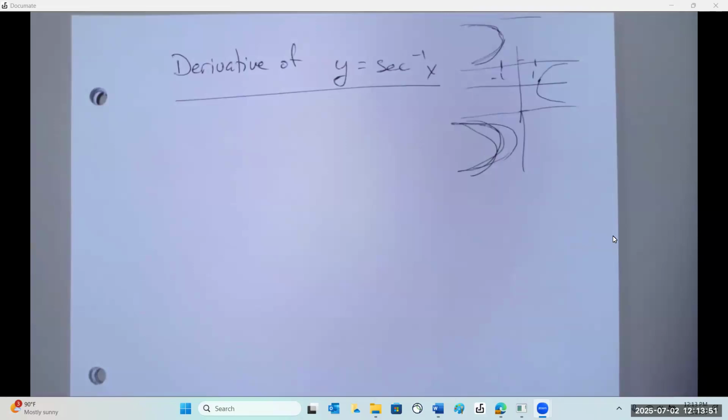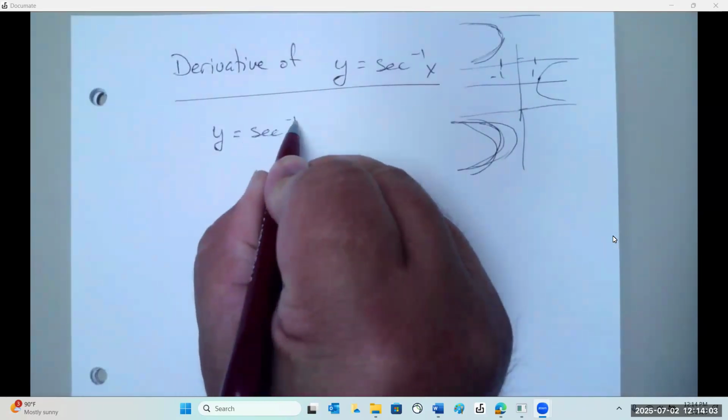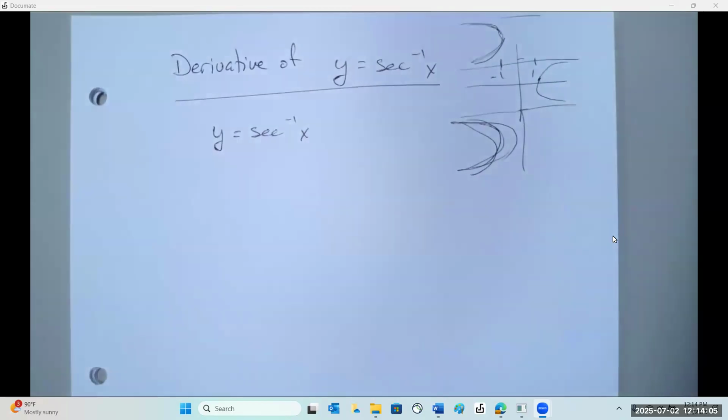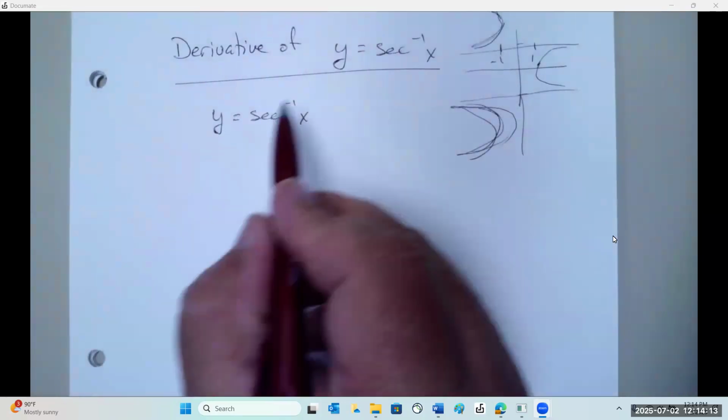It's much easier if we use implicit differentiation in this one. Okay, so this is what we started off with, right?